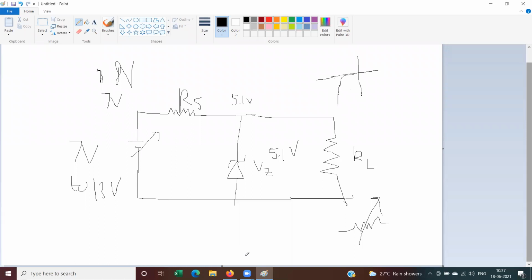RS is fixed, right? If it had been a variable RS, I would have put something like this. But I'm not doing that. RS is fixed. So if more voltage is dropping across RS, whose value is fixed, obviously more current will flow through it by Ohm's law.